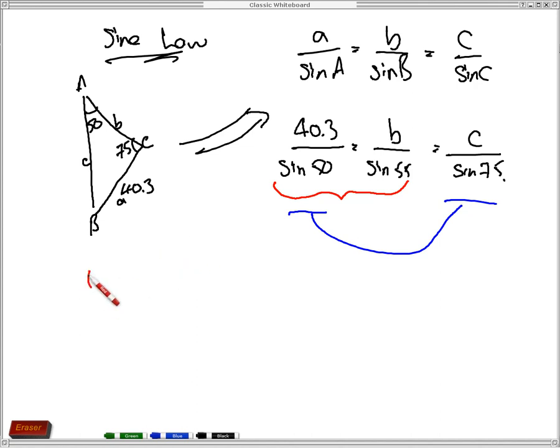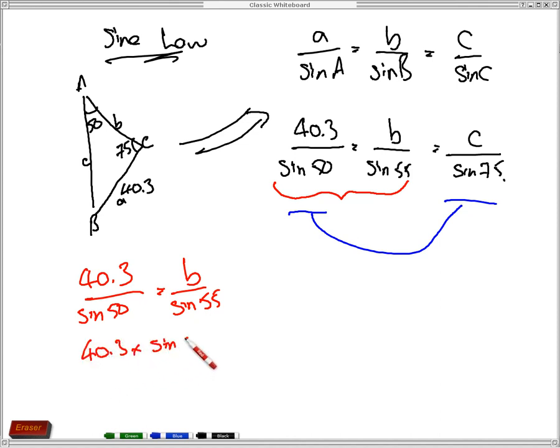I'll just do that over here. 40.3 over sine 50 equals B over sine 55. So let's cross multiply everything, and that will give me 40.3 times sine 55 equals B times sine 50.